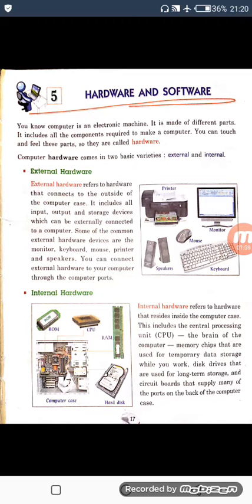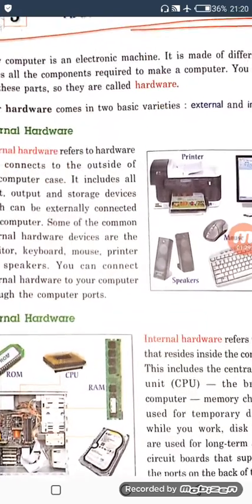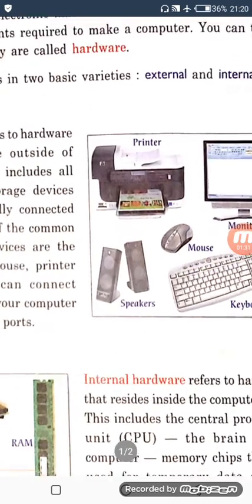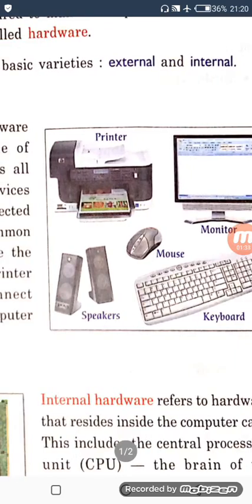What is hardware? First of all, what is the meaning of hardware and what is the meaning of software? So hardware are those parts of the computer which we can see, we can feel, as well as we can touch. For example, we can easily touch the monitor, keyboard, mouse, speakers, printer, and all the devices given in this book.